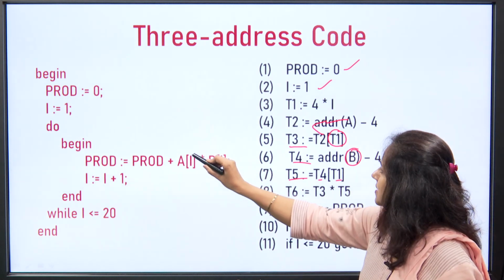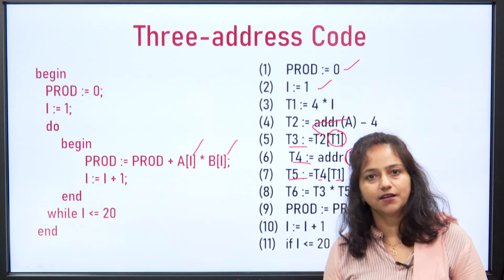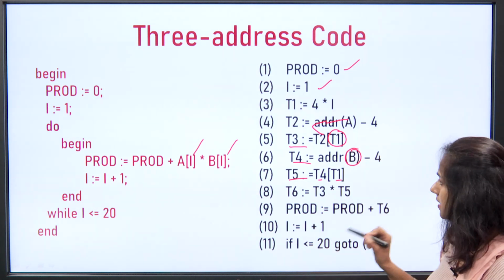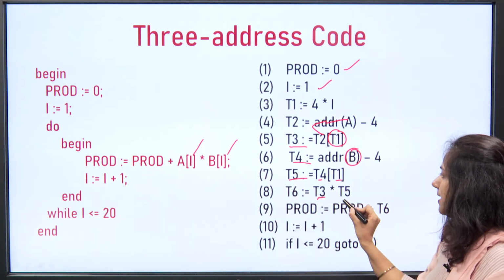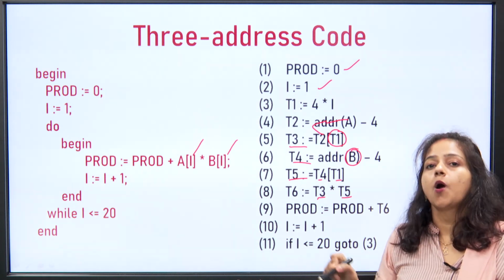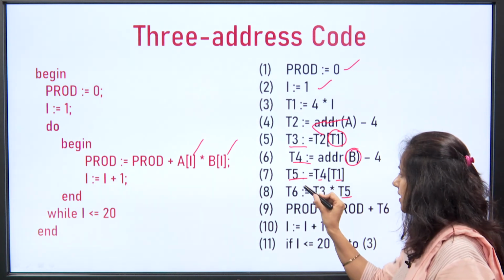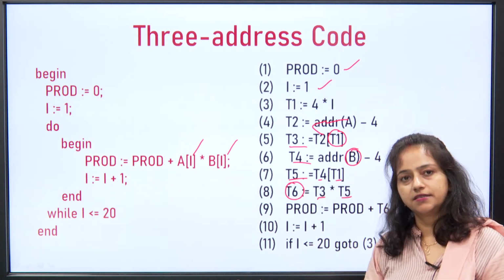So, this value is in T3 and this value is in T5, temporary variables in the intermediate code representation. Now, these two need to be multiplied. So, T3 and T5 will be multiplied, and the result of this intermediate computation is in a temporary variable, that is T6.